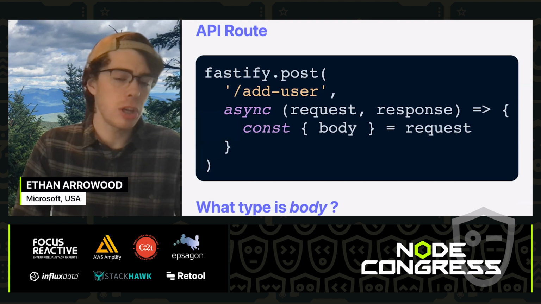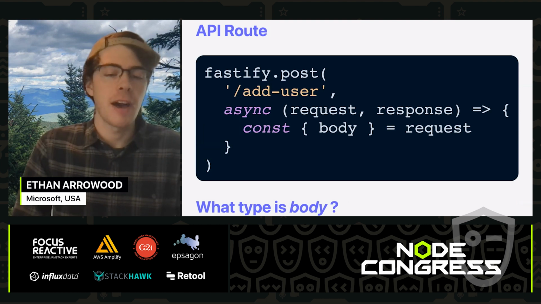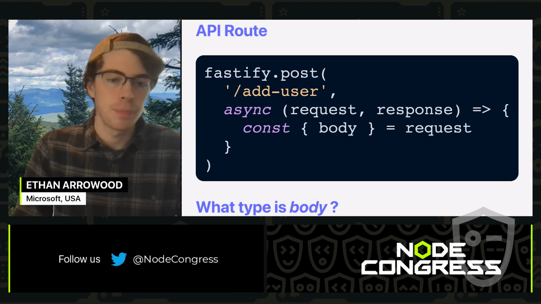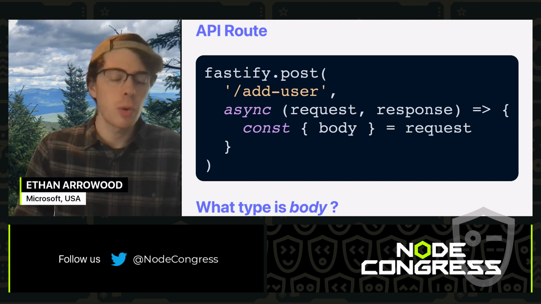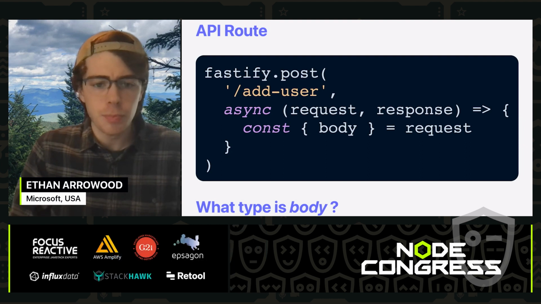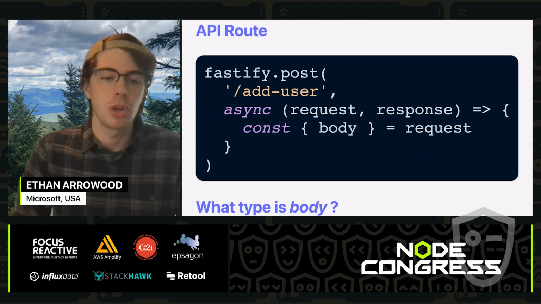So talking about backend APIs, let's take a look at a Fastify route. In this case, we're defining a post route. The path is add user, and the request handler here has two arguments: request and response. And we're destructuring the body from that request object.